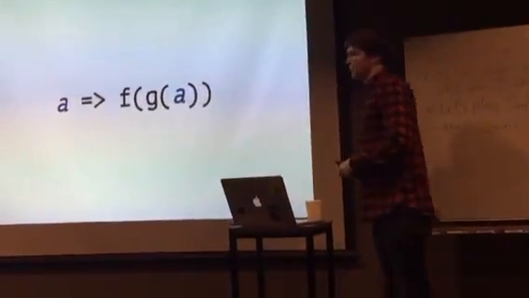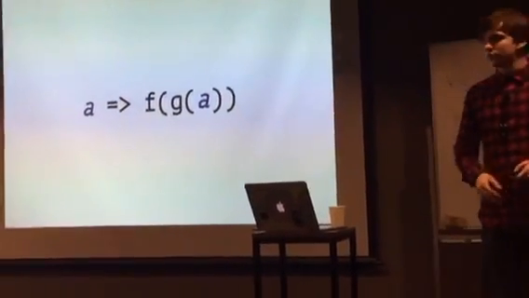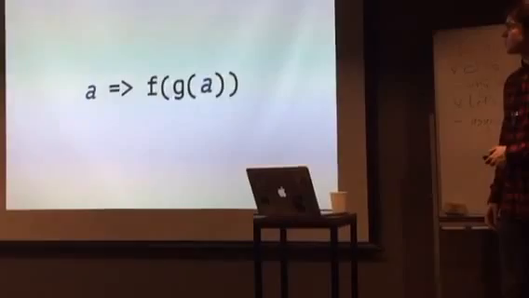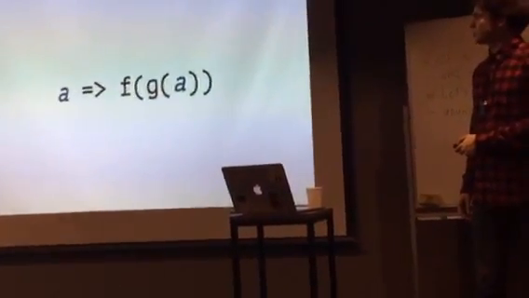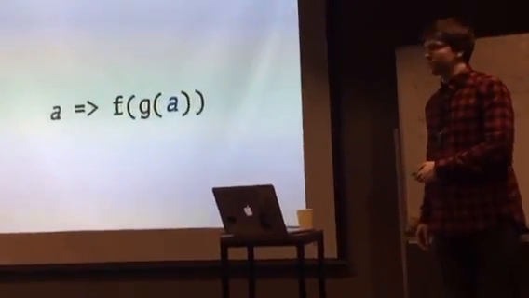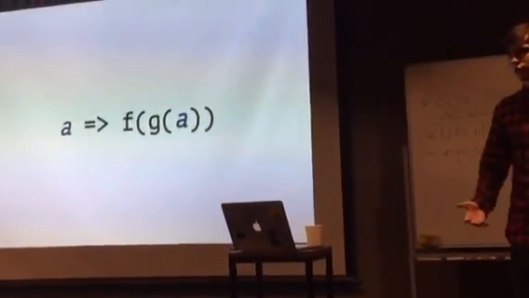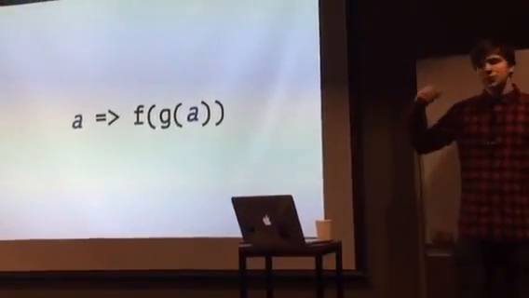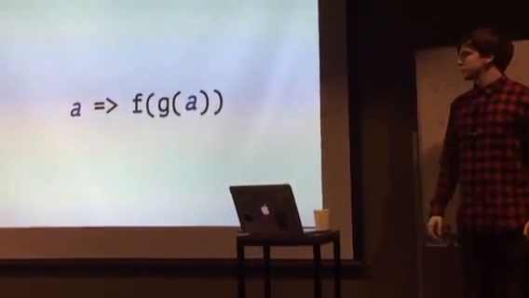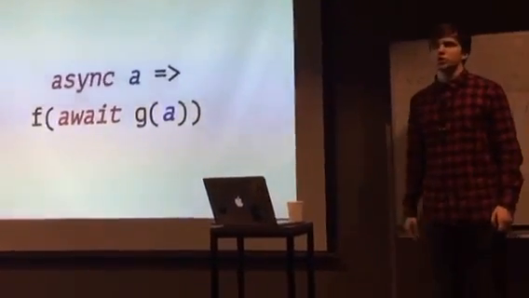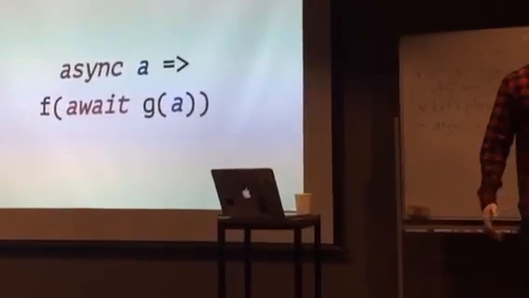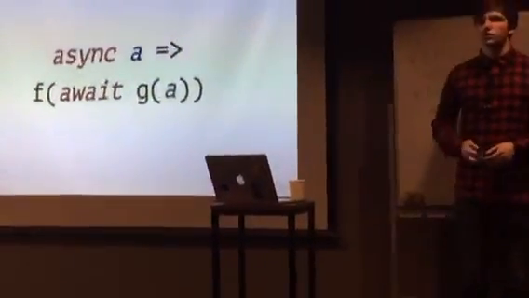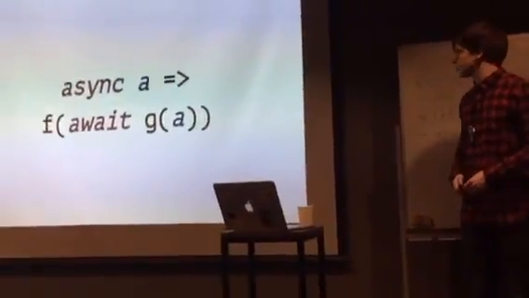Simple composition is like calling one function with some parameter, and using the result of this function as input for another function, and that's how you compose functions. And with asynchronous functions, it will look the same, but with two additional keywords. So as you can see, there's no real effort to make it work as non-blocking functions.